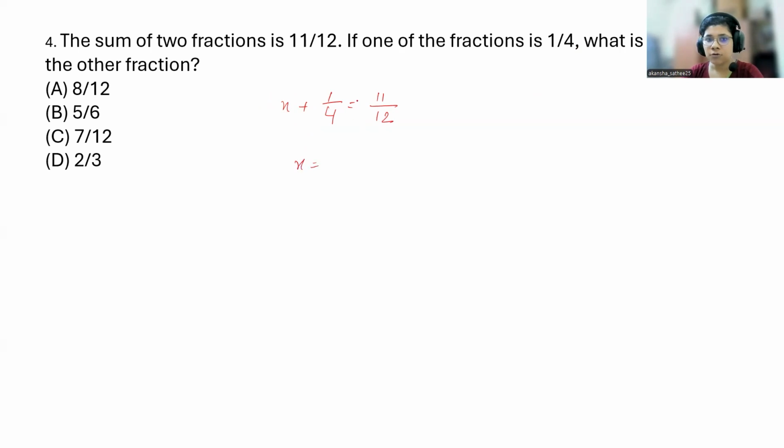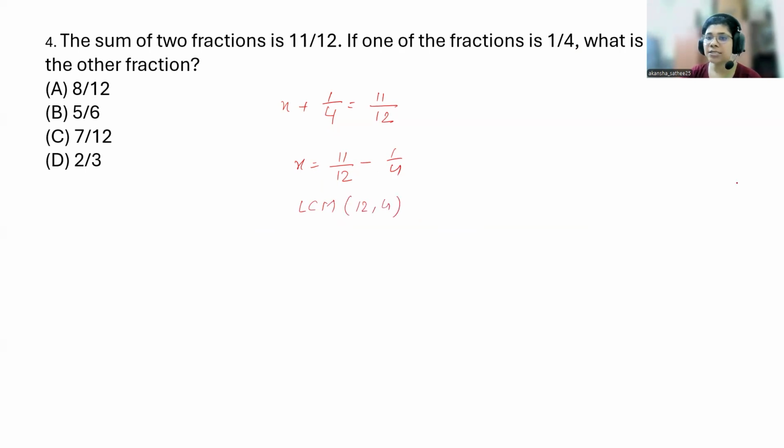So X will be equal to 11 by 12; take this 1 by 4 to the other side, and it becomes minus 1 by 4. So you have to calculate this subtraction. What is the rule? The denominators are not the same, so compute the LCM first. LCM of 12 and 4.